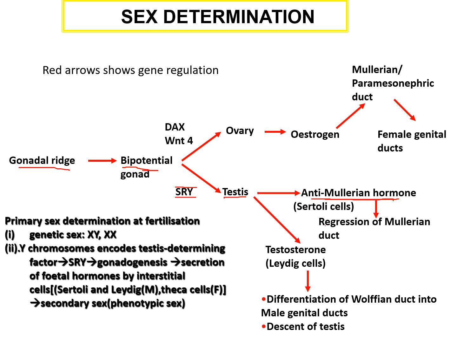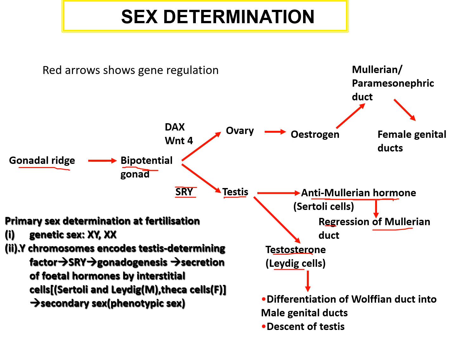So this will lead to regression of the Mullerian duct. On the other hand, as we form the testis, we will have Leydig cells. From the Leydig cells, we have testosterone. This will lead to differentiation of the Wolffian duct into the male genital duct and descent of the testis.